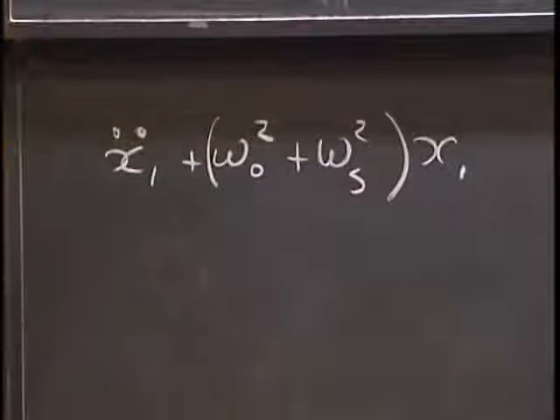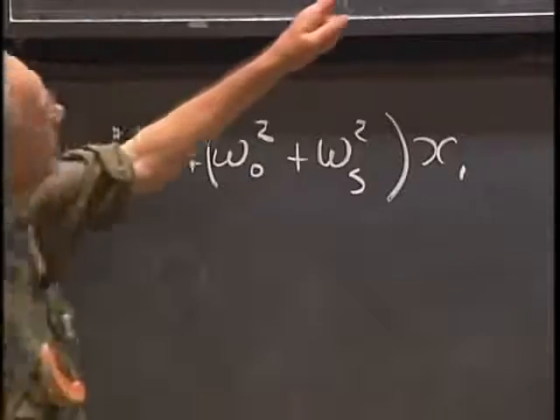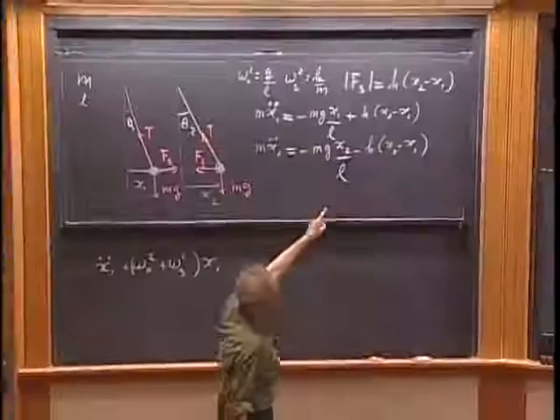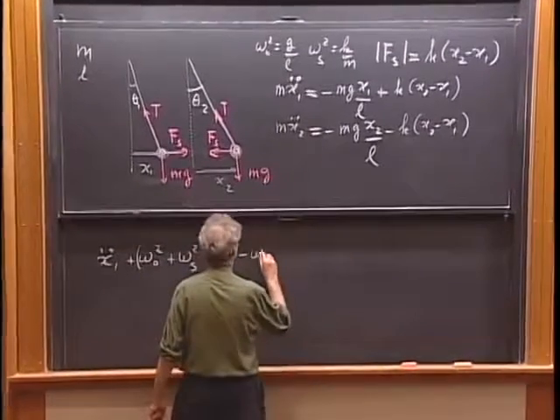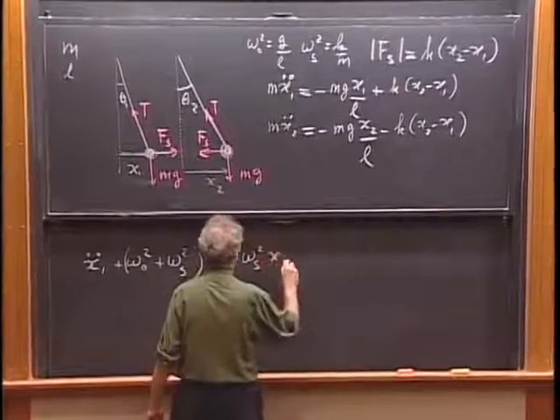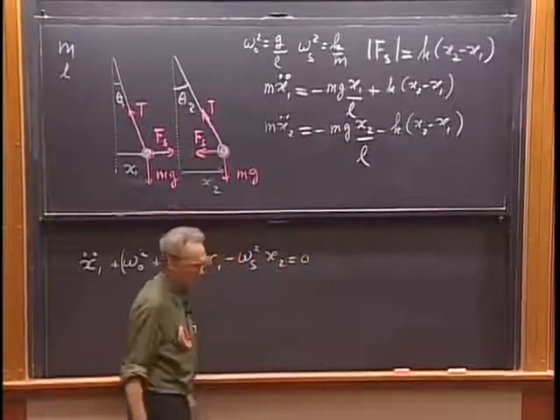You notice that? They both have an x1 term. And now the x2 comes out. The x2 has a plus sign on the right side, so it gets a minus sign, so I get minus omega s squared times x2, and that is 0.